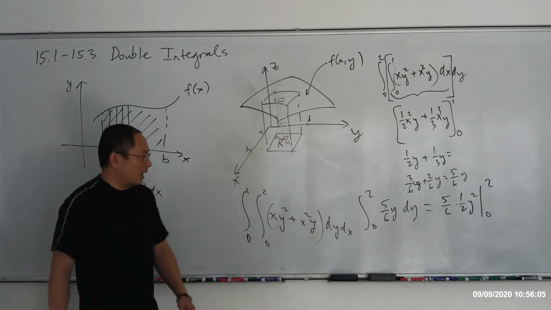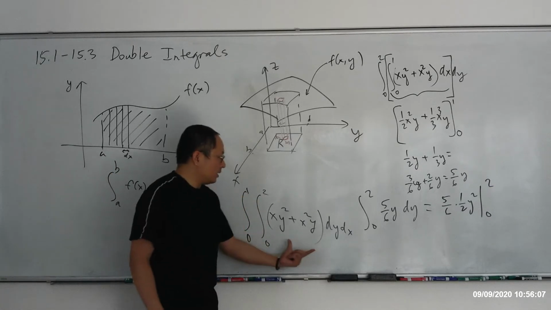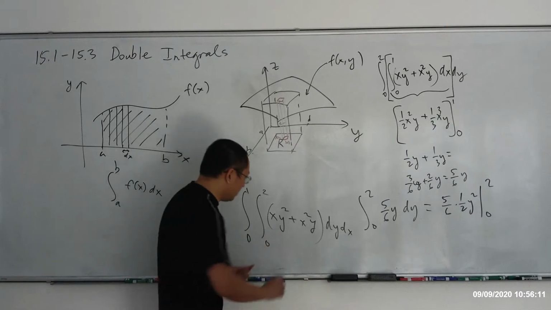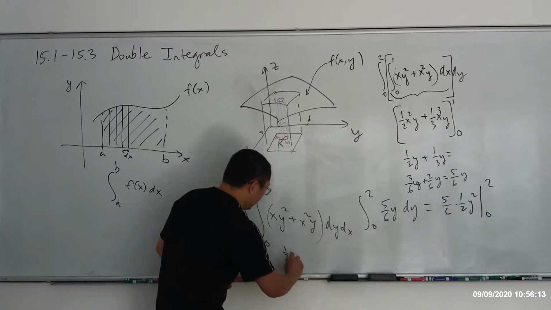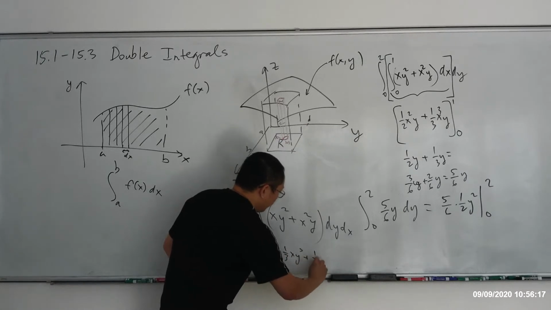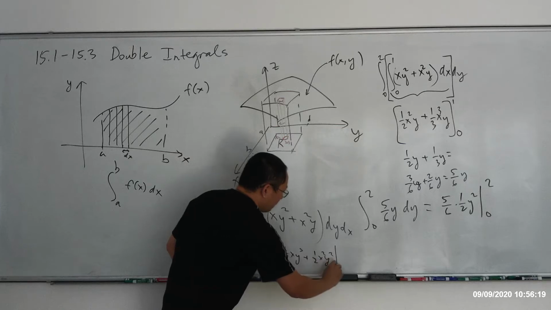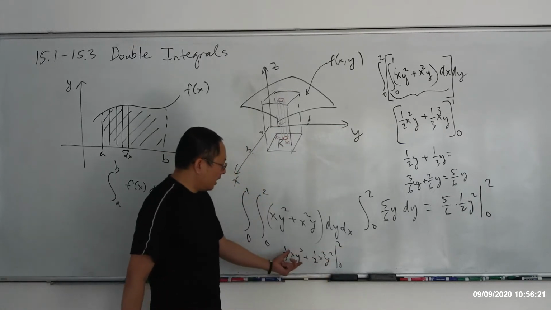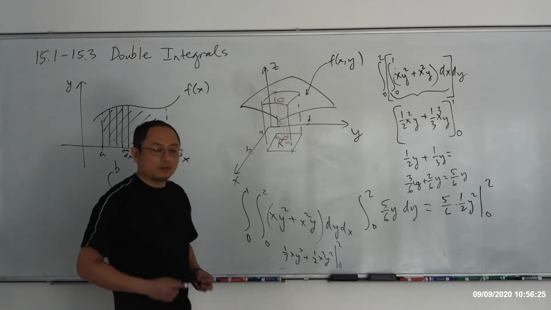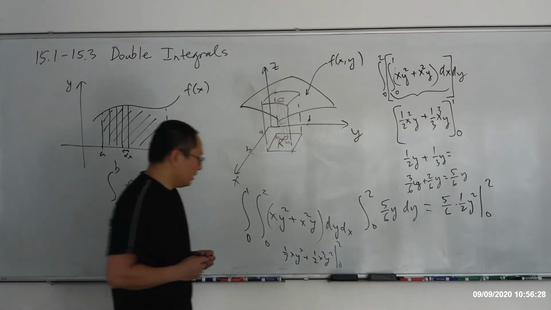I claim that you are going to have the same answer. However, with this way of writing, you have to integrate in y first. So it's going to be 1/3 x y cubed plus 1/2 x squared y squared, running from 0 to 2 for y. You plug in, you have a value in x, and then you integrate x from 0 to 1. Okay, same idea.